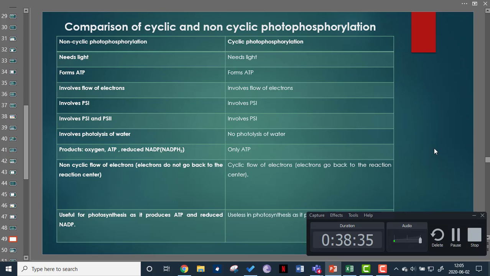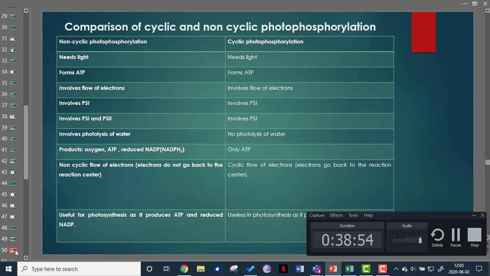And the cyclic photophosphorylation is a useless process in photosynthesis because it only produces ATP.